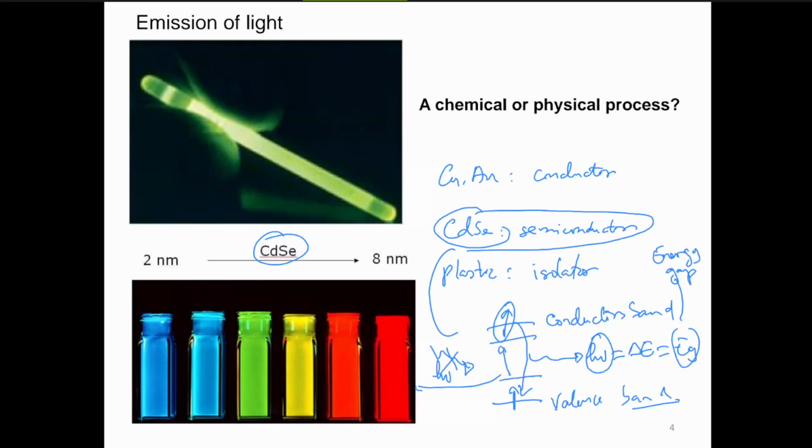The process is simply absorption and emission. So this is not a chemical reaction at all. That is a physical process. So when you see the emission of light, it can be a chemical process, but it can also be simply a physical process. Okay?